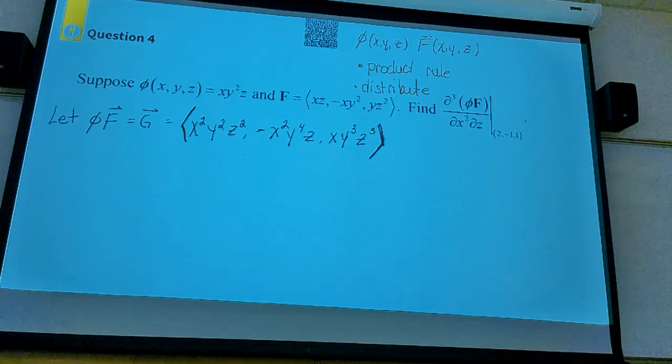Clearly that's a third order partial. What's the order? z, then x, then x again. That's as it's written. But does the order actually matter? I think so. Does it?